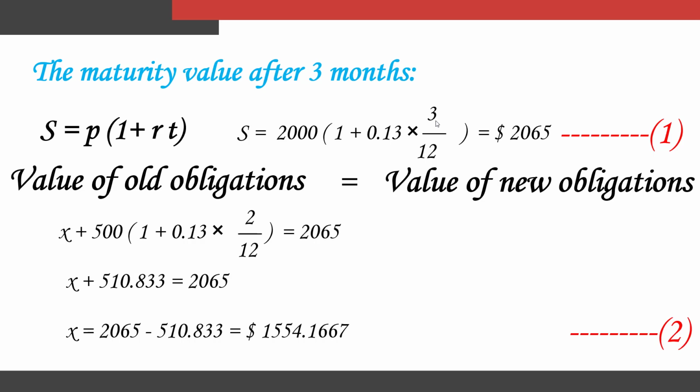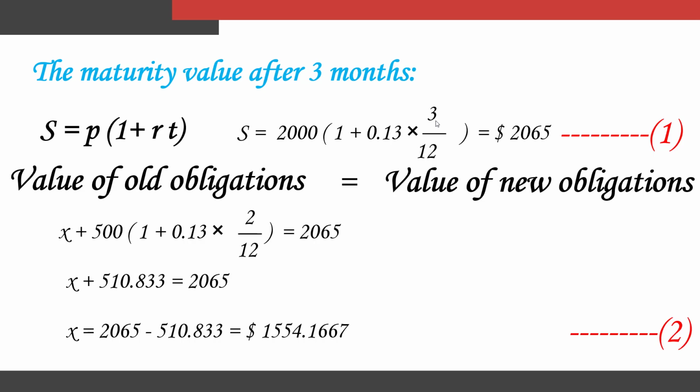So the value of all the obligations, $2,065, will be equal to X plus the amount of $500: X plus 500 times (1 plus 13% times 2/12).